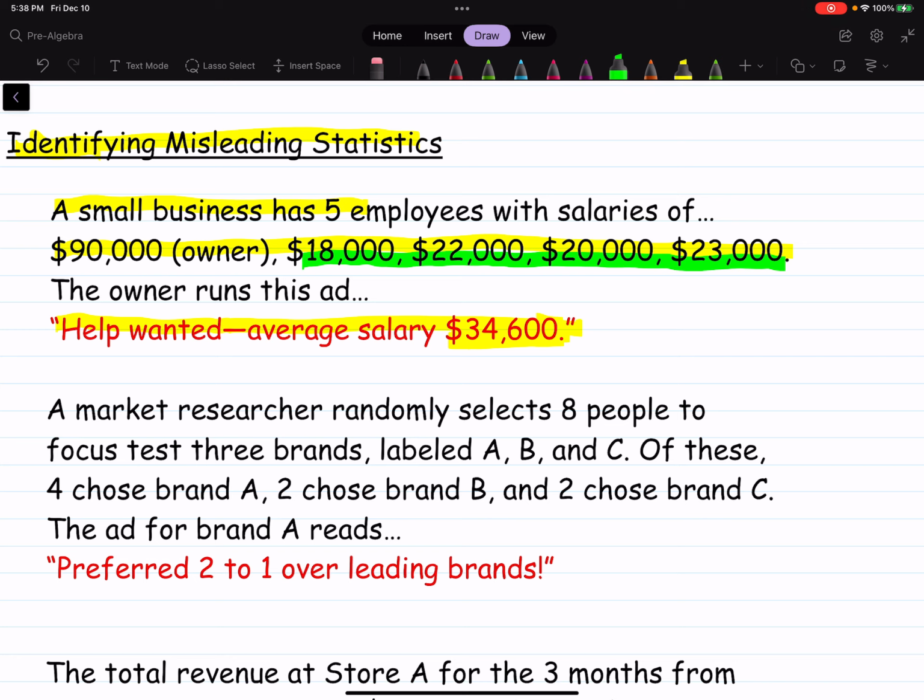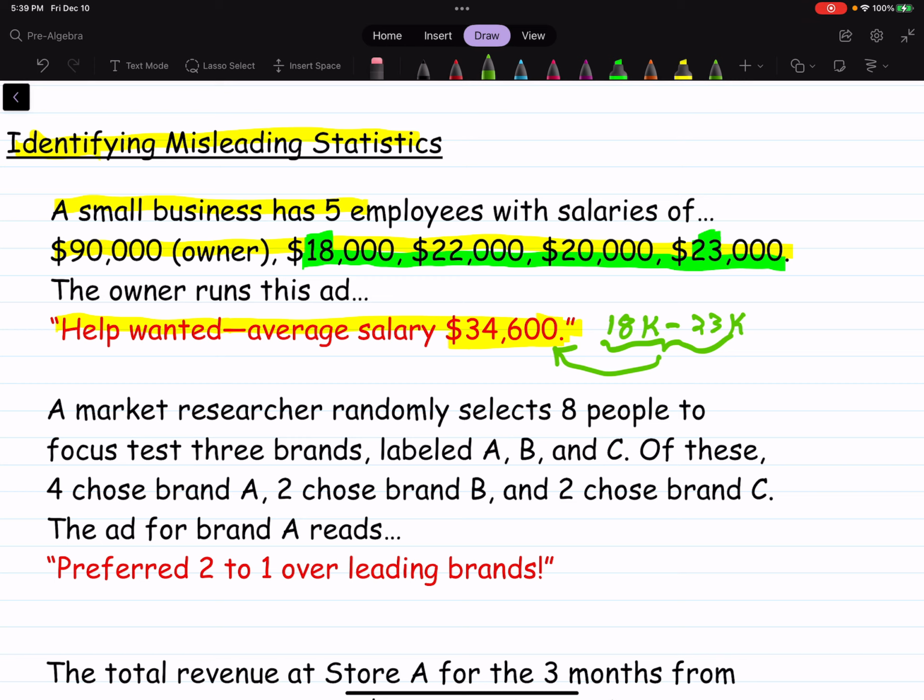They really only make between 18 and 23,000. So in real life this is going to be more like an 18K to 23K job. And so it's misleading for him to say that as his average salary.